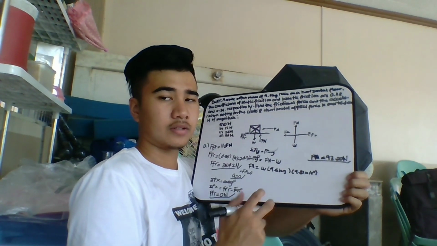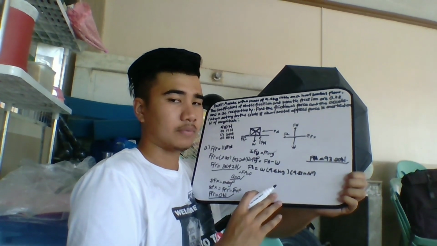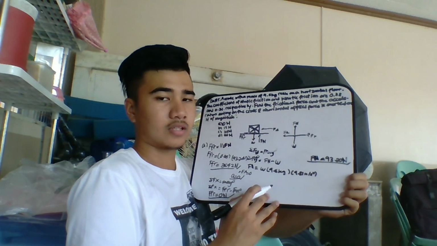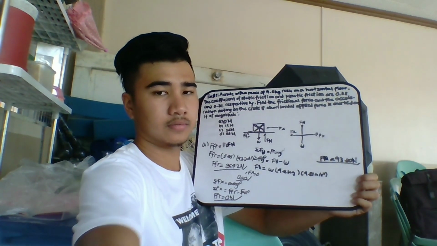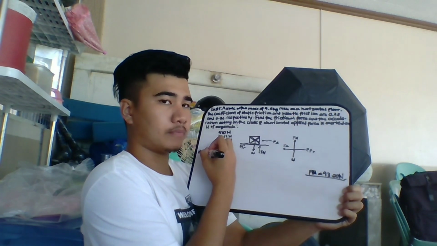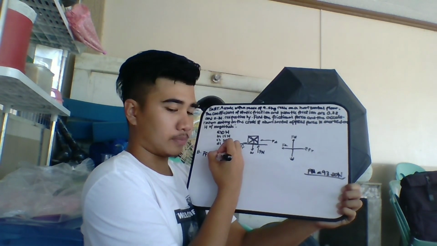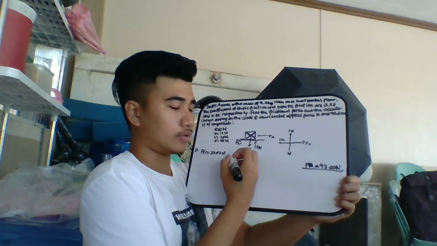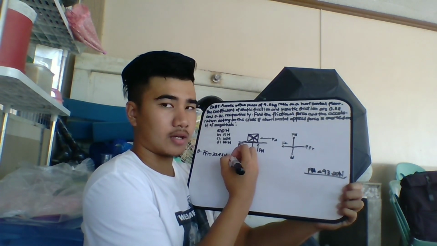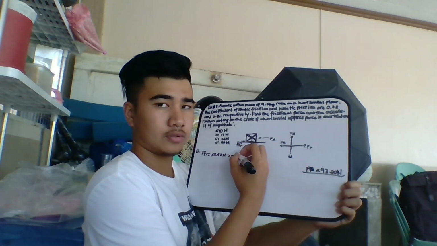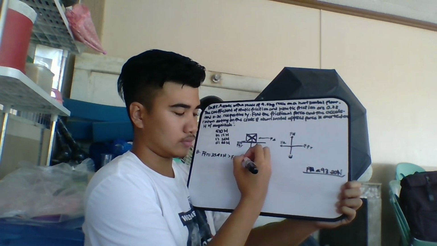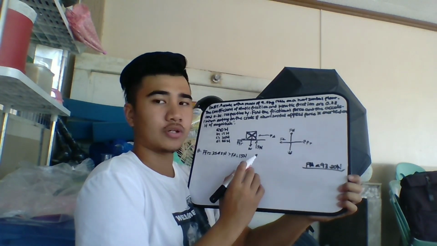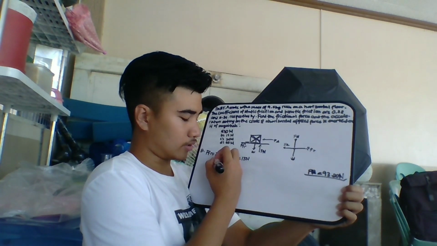For letter B naman, same process ang gagawin natin. Gagamitin pa rin natin tong force of friction by static na nakuha natin, and kukompare pa rin natin sa force applied. Force of friction is equal to 35.42 Newton. Kaya lang, mas malaki pa din yung force applied na 15 Newton. Ibig sabihin, wala pa ding movement yung crate, wala pa ding motion. Therefore, the acceleration is 0.